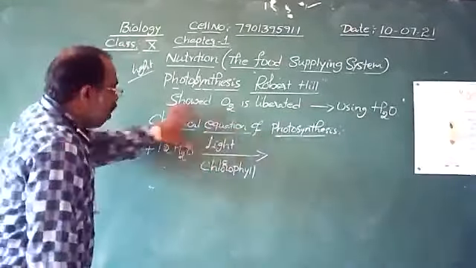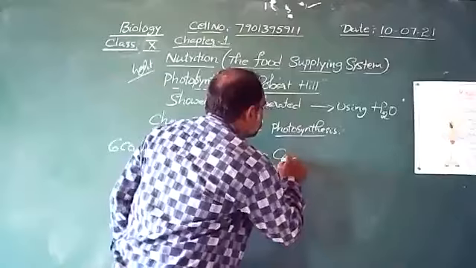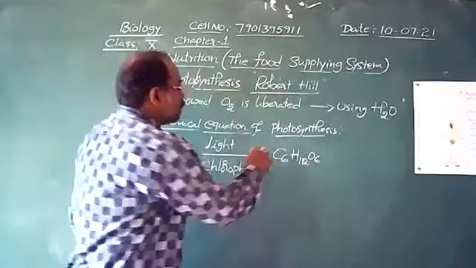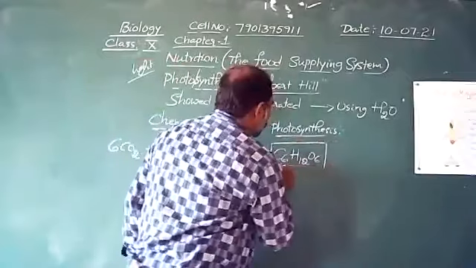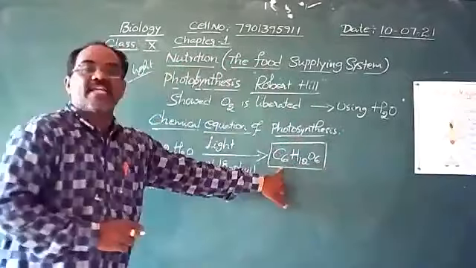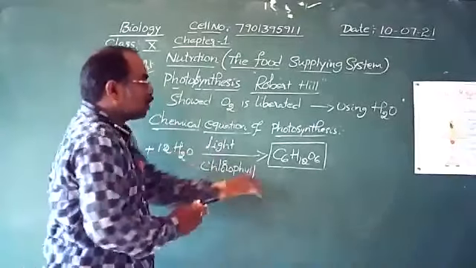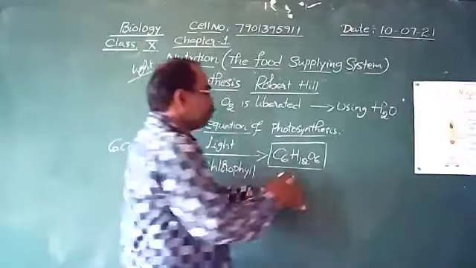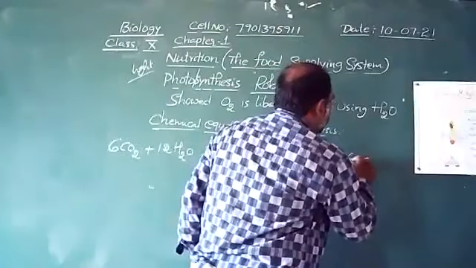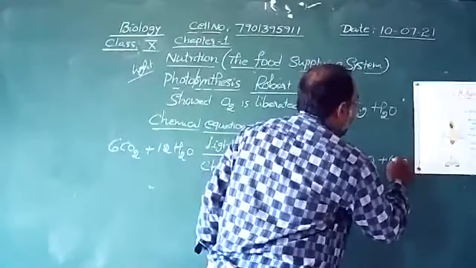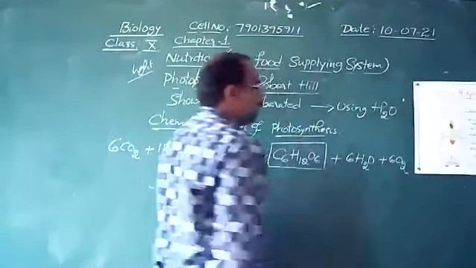All these factors combine together in the form of glucose. This is the formula of glucose, C6H12O6. And half of the water molecules is liberated and oxygen is liberated.